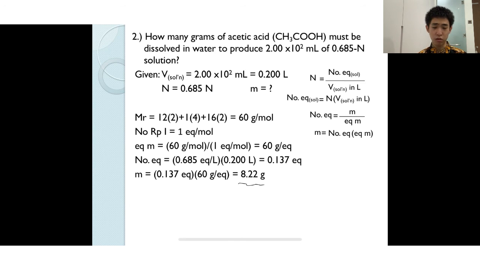So 0.685 times 0.200 liters equals 0.137 equivalents. Number of equivalents equals mass over equivalent mass. So mass equals the number of equivalents times equivalent mass. So the mass is 0.137 times 60 grams per equivalent. It is equal to 8.22 grams.